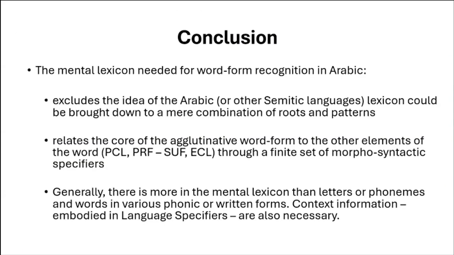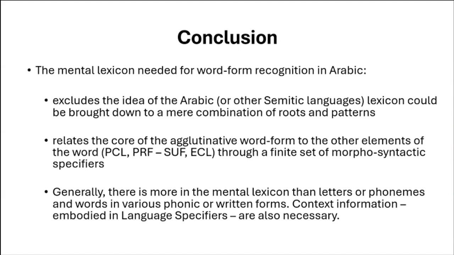So the mental lexicon needed for word form recognition in Arabic excludes the idea of Arabic or Semitic languages lexica being brought down to a mere combination of root and patterns. It relates the core of the agglutinative word forms to the other elements.